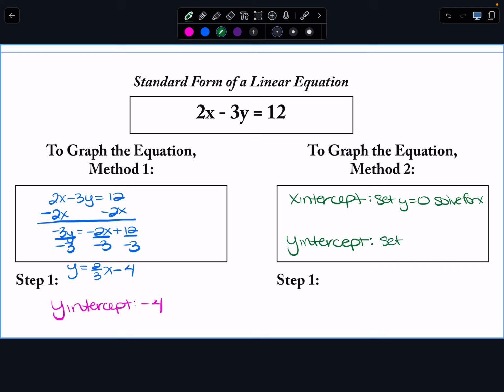Set x equal to 0 and solve for y. But a lot of you, like I was showing you on the worksheet, I was telling you we'll cover up the x, solve for y. Cover up the y and solve for x, right? And I did it that way because I didn't have to write anything out, and neither did you. I could just cover up the variable, put my finger over it, and solve, right? And that's fine.